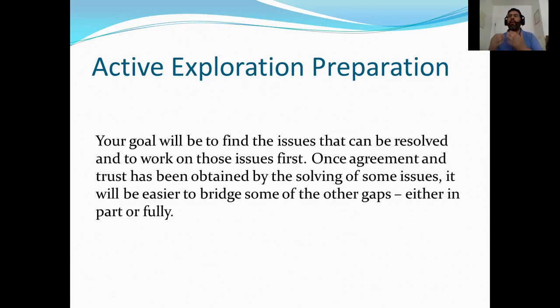Do not start off with the hardest issues when you come to your solutions part of the project. You need to solve the quote unquote easier parts, build trust between the parties, and then try to move on to the harder issues.